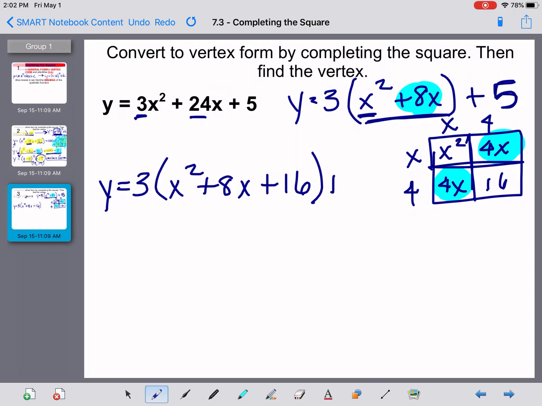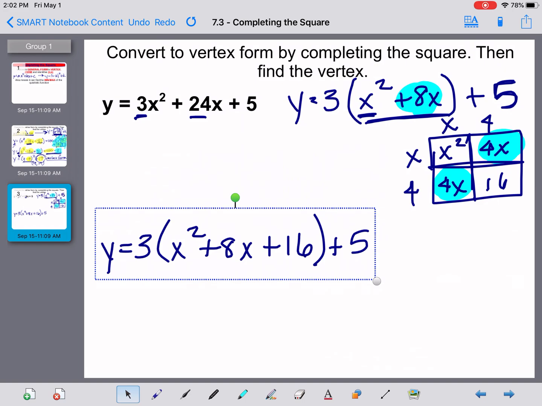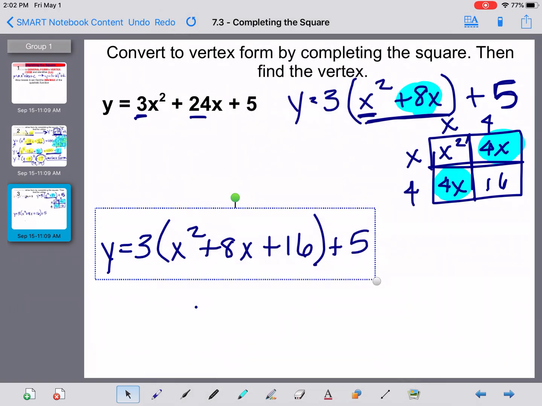And then plus 5. Let me move this down just a little bit. Now, I do need to have my other completing the square. Now, it is not just 16, and there's a reason for that, because of my coefficient.